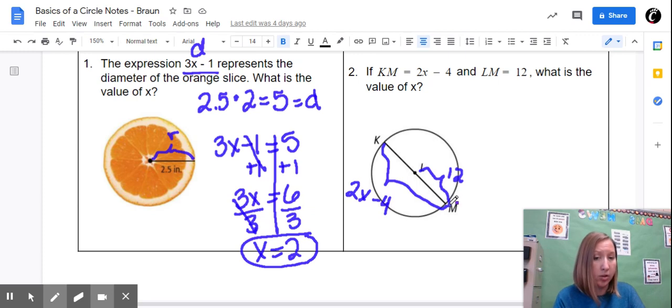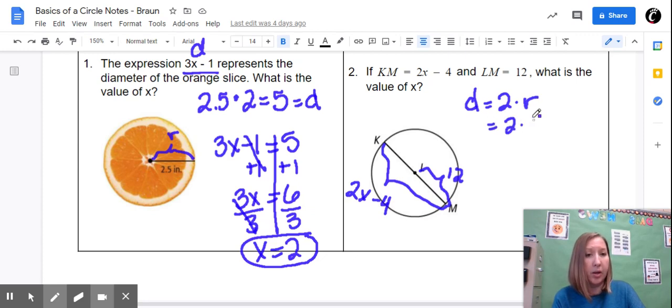My radius is 12, and I know that my diameter is 2x minus 4. So I want to use my radius and actually calculate what that diameter would be. So diameter is equal to 2 times radius. So we're going to do 2 times 12. That tells me my diameter is 24. Okay, I also know that my diameter is 2x minus 4. So in order to solve for x, I'm going to write 2x minus 4 equals 24.